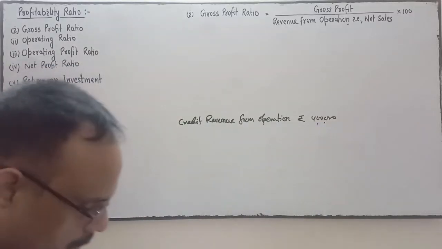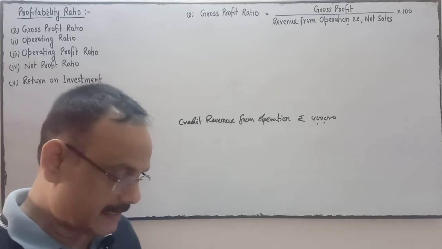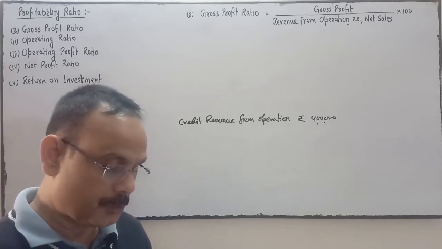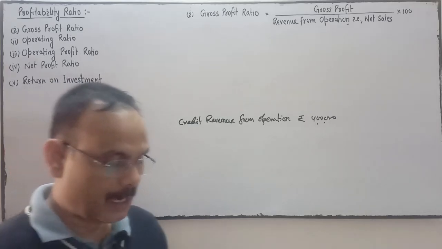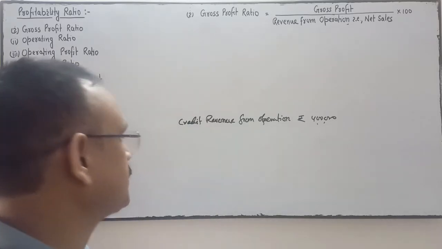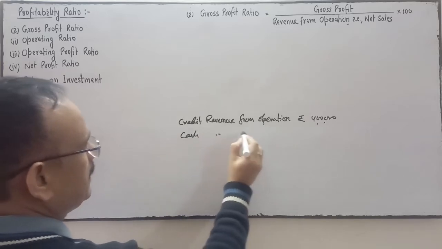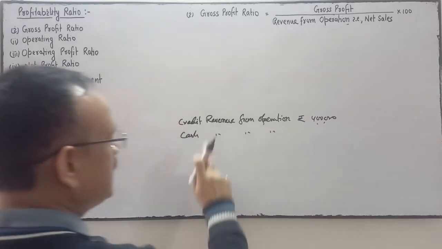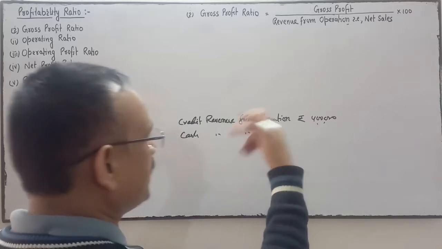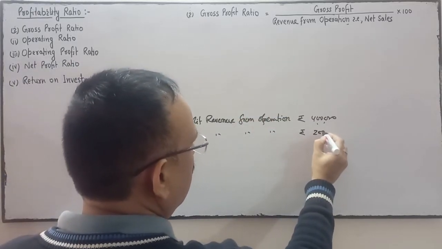And one very important information which is given, its credit revenue from operation is twice its cash revenue from operation. So what will be the cash revenue from operation? Credit revenue is twice, it means cash is half, 2 lakhs.